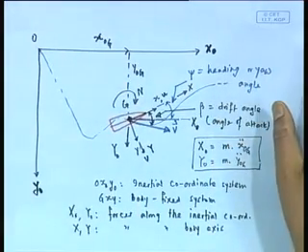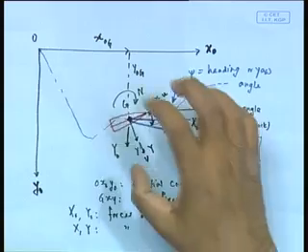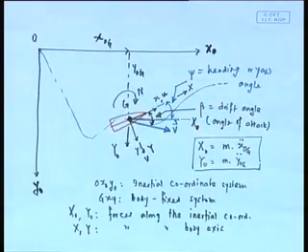So what is essential initially is to make sure that we write this equation of motion in a frame of reference fixed on the body, and that will require some kind of transformation, which is actually fairly standard.